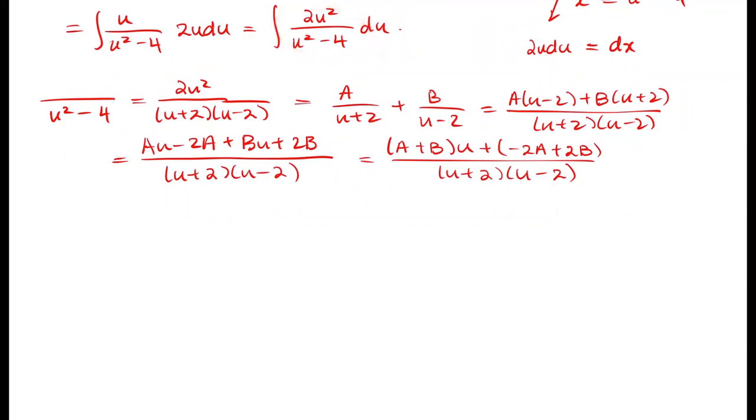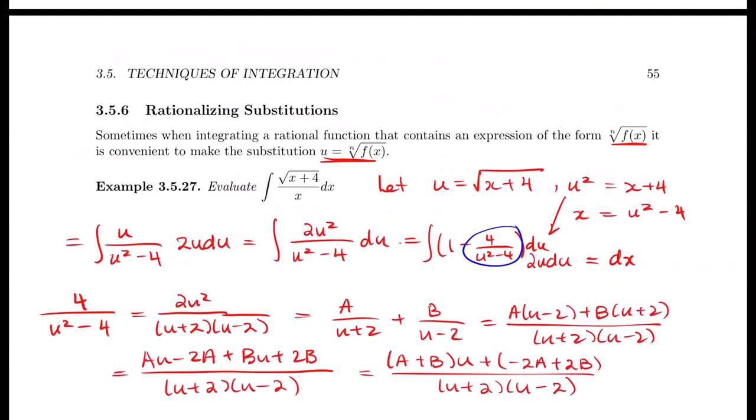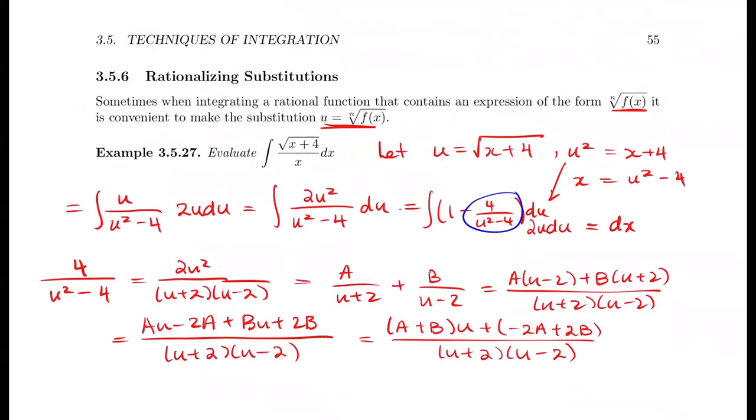So instead here, I could write this as the integral of 1 minus 4 divided by u squared minus 4 du. So we work with this rational function here. So that's by making the division of 2u squared divided by u squared minus 4.